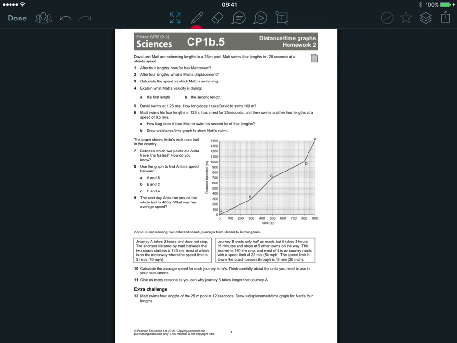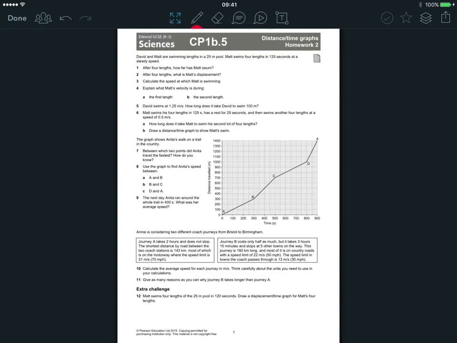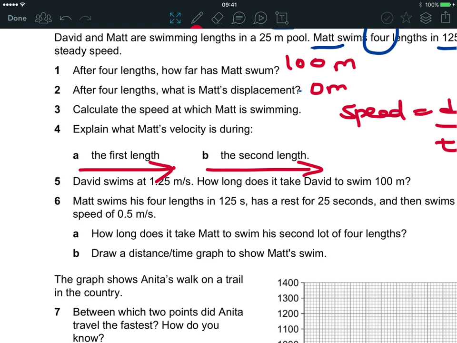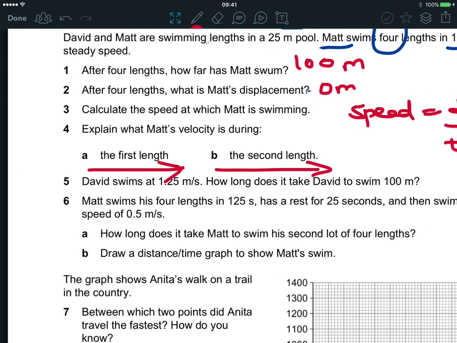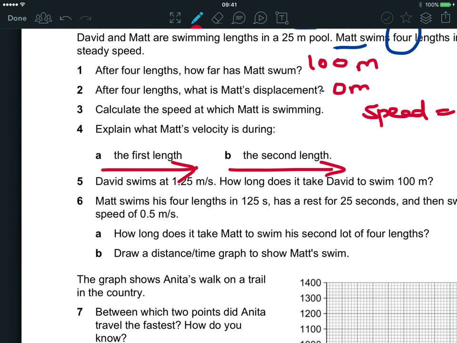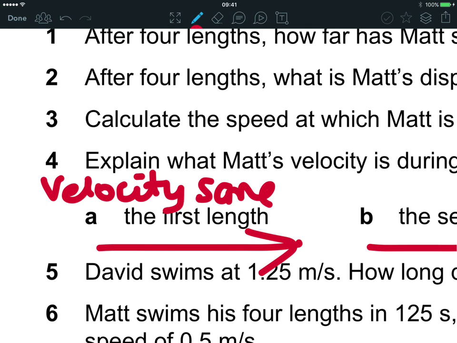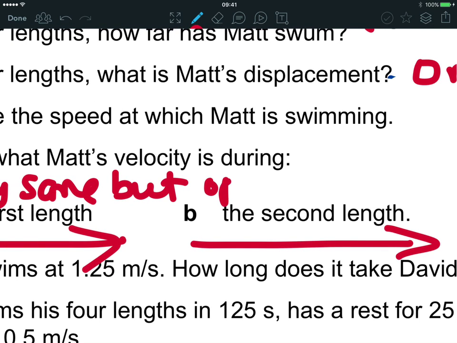Let's go back and decide how we are going to do it. I quite like this idea of up the pool and down the pool, so I'm going to explain that velocity is the same, but opposite directions.